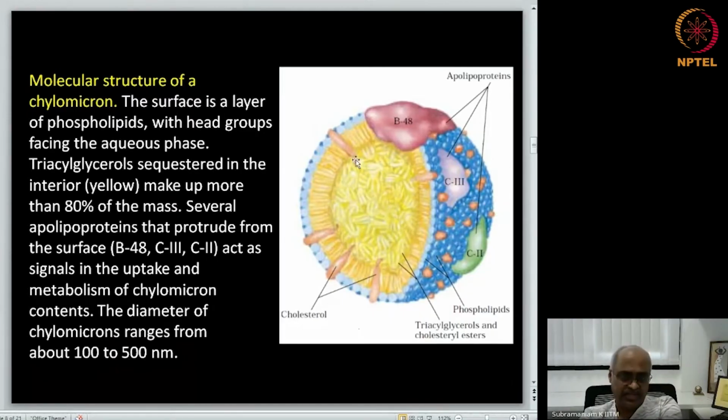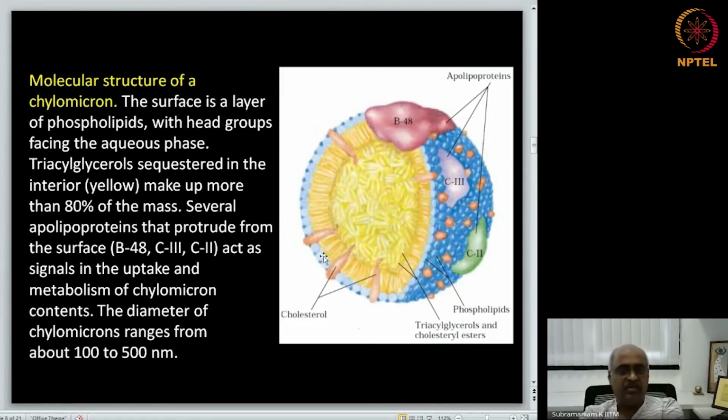And that triacylglycerol forms the inner core, surrounded by one layer of phospholipids, so that the outside is hydrophilic. And then you have these apolipoproteins embedded in them. So these spherical structures are studded with these lipoproteins. And these lipoproteins are essential. They act as signals for the uptake and transport and metabolism of the fat.